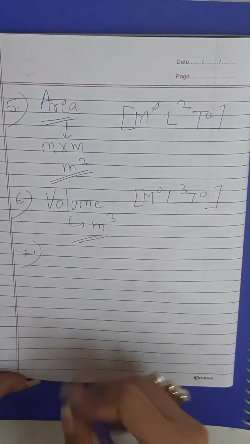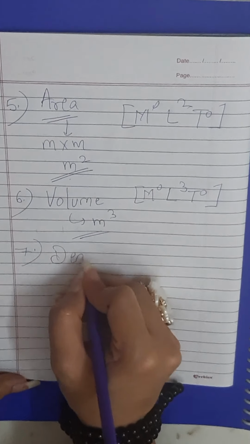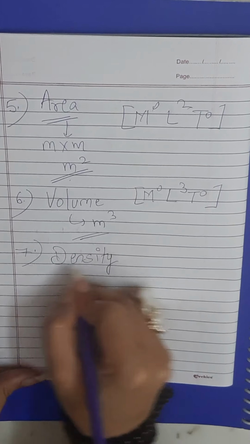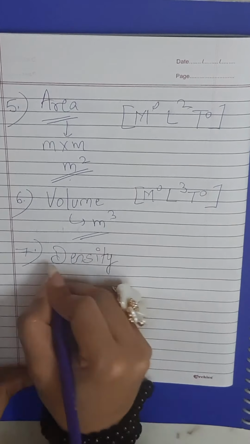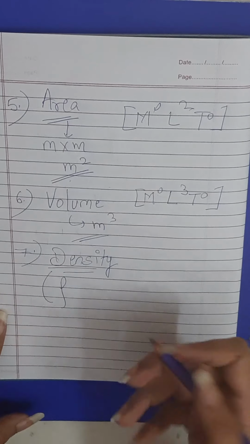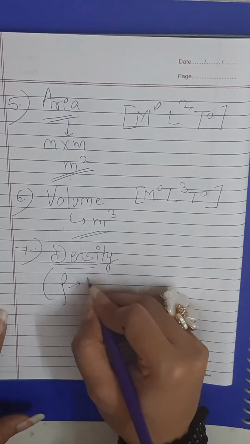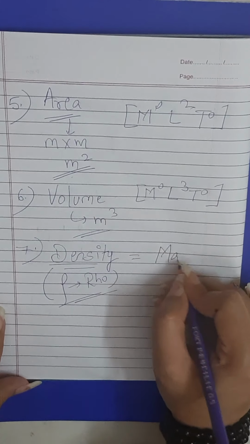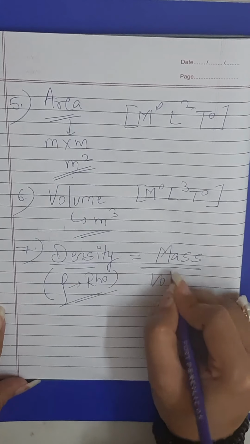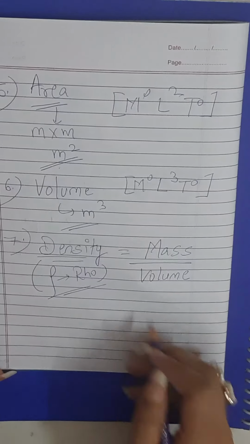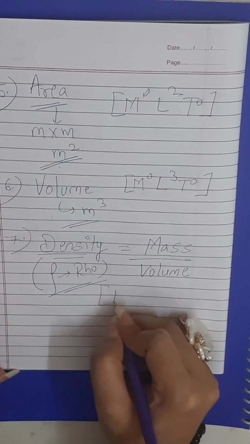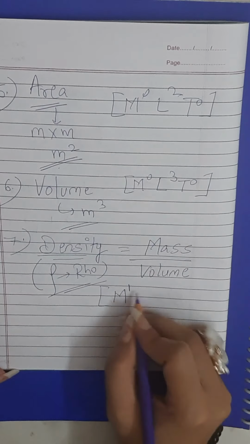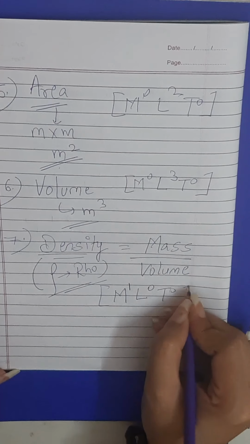Moving to more prominent formulas such as density. From now you should know that density is represented by a symbol which is also the symbol of resistivity. You know the name of the symbol is rho. Now density has the formula mass by volume. So for mass I will write M1, L0, T0.